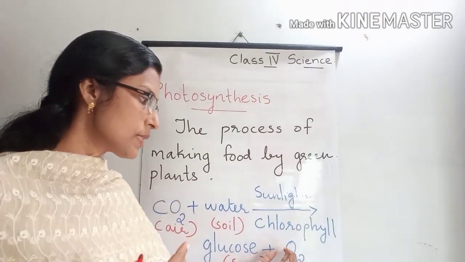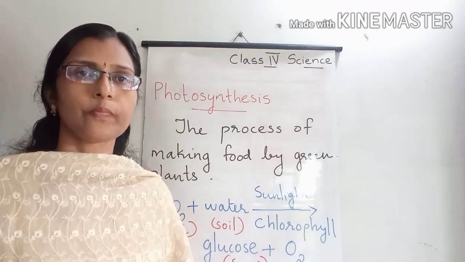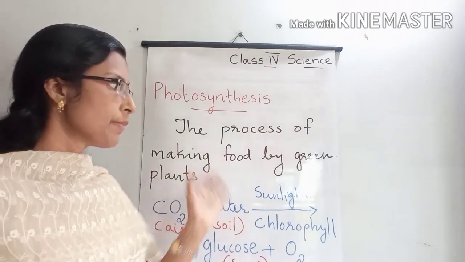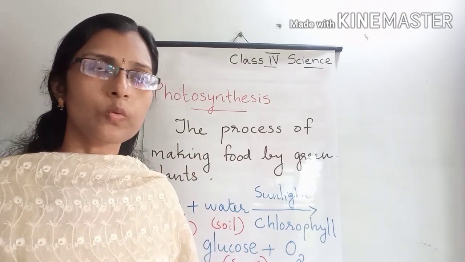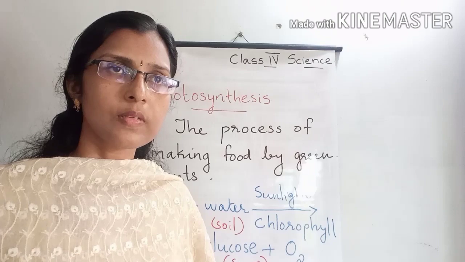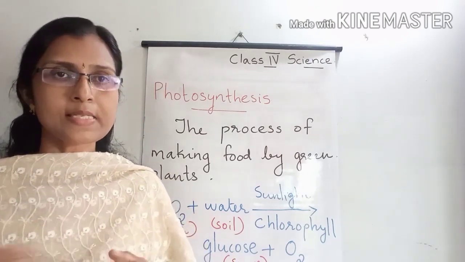During this process, oxygen gas is also released. So that much we learned in the last class. Are you clear with this process? Okay. Then let us go to the next section.